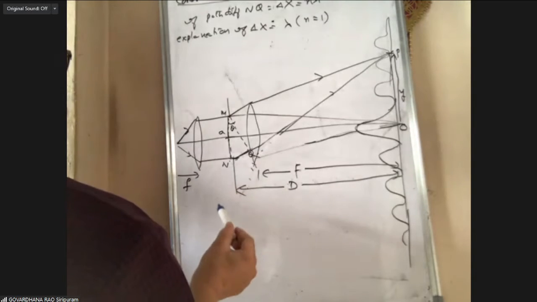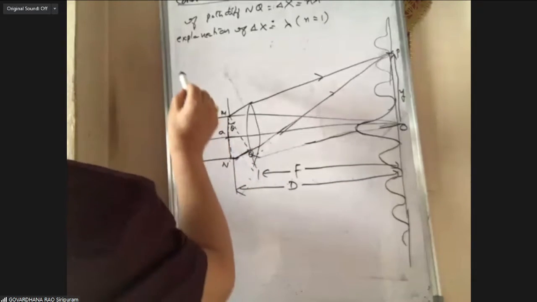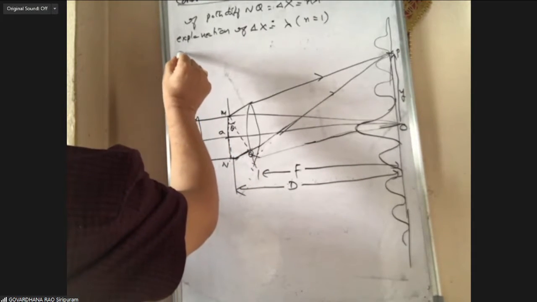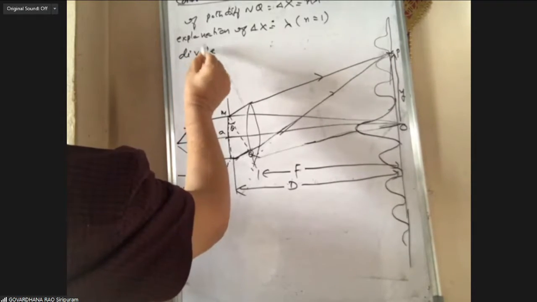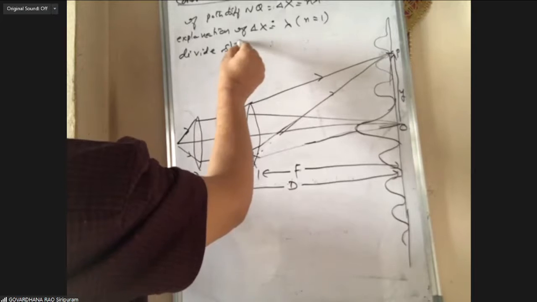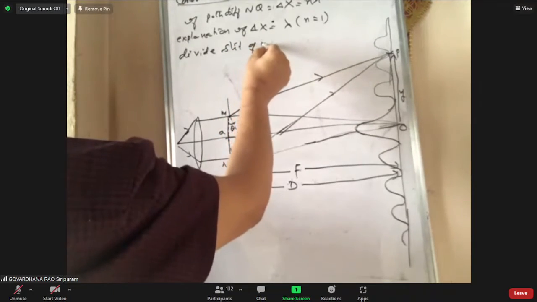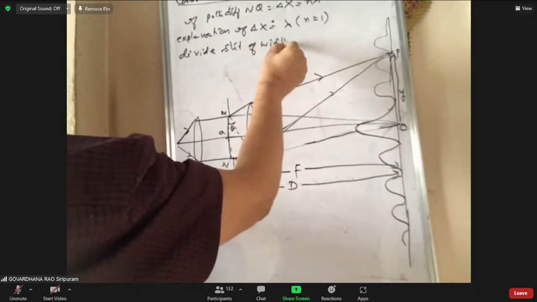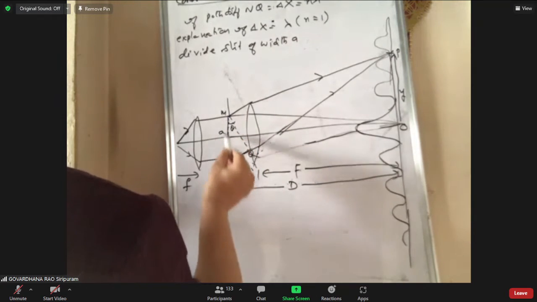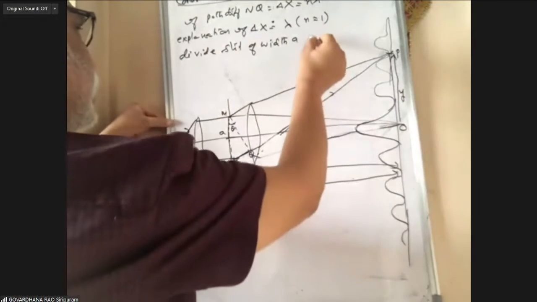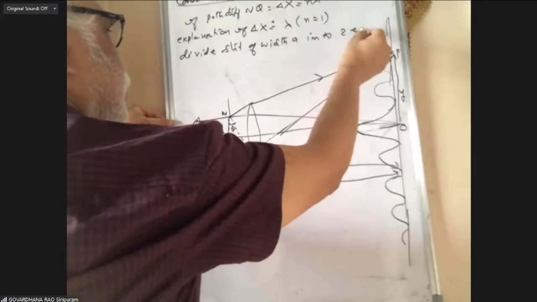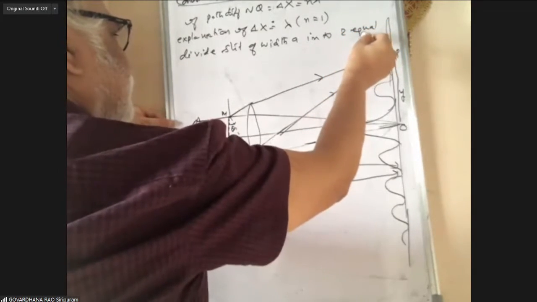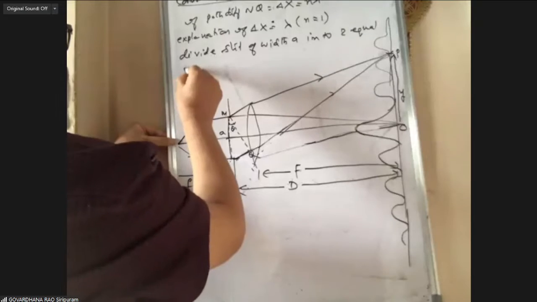Then what will he do? Divide the slit of width a into two equal parts.